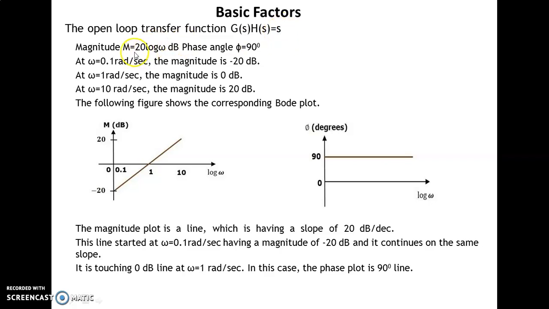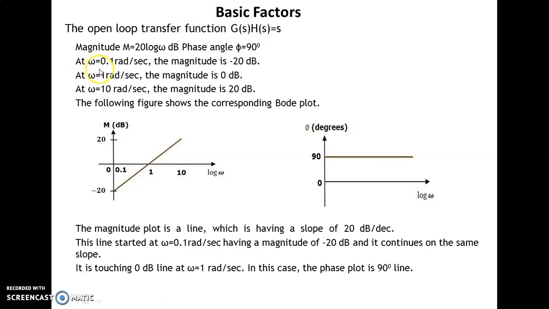The magnitude in decibels is 20 log omega, and the phase value is tan inverse of omega by 0, which is tan inverse of infinity, and that is 90 degrees.